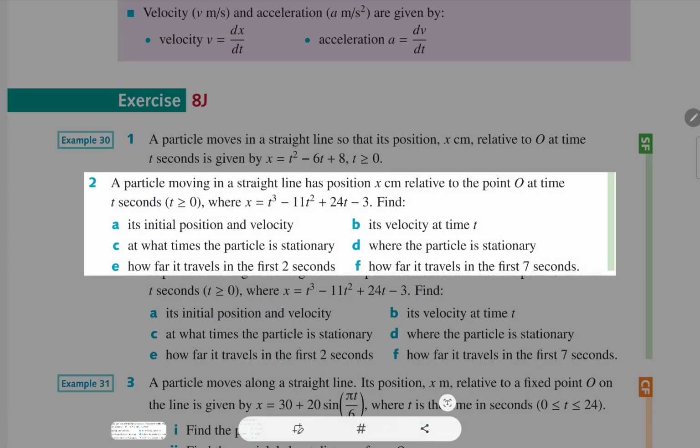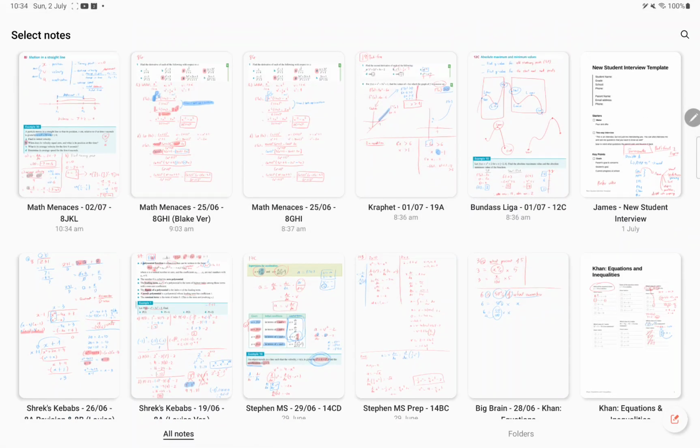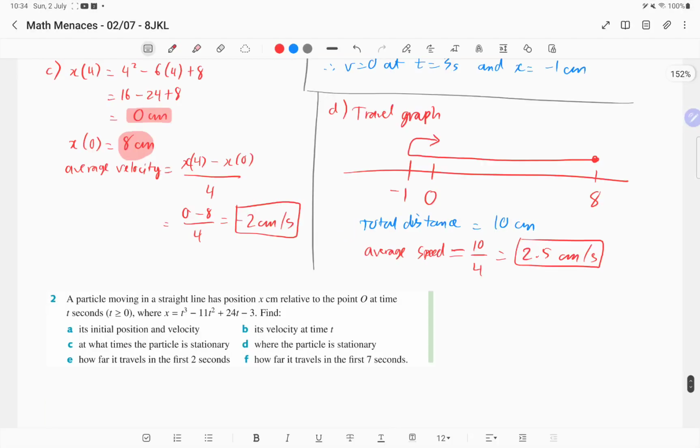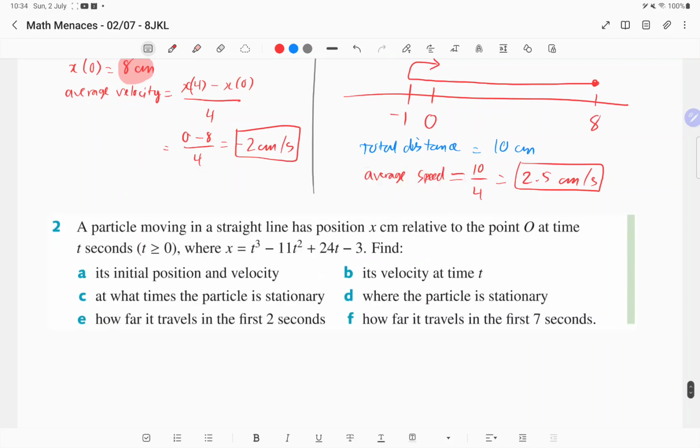I think starting from question 3, oh no, question 3 is complex familiar, but 4 is back to simple. Its initial position. Wait, for question A, is it asking for its initial position and its initial velocity?